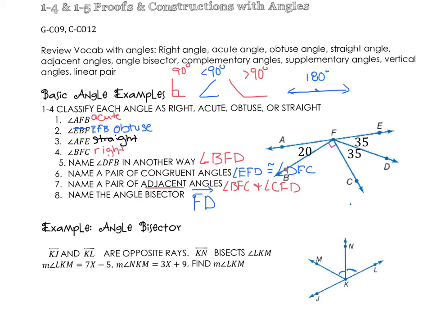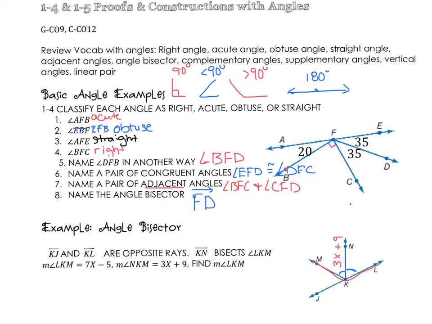The measure of LKM, so the big angle, is 7x minus 5. And NKM, so this small angle right here, is 3x plus 9. Find the measure of LKM. So you want the whole thing.